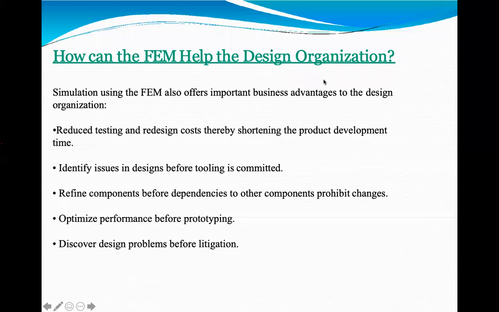As we say, with the FEM we will need a smaller and smaller duration of time for product development, so we have business advantages. Another aim of the finite element method is, let us say you develop one product and you want to check whether that product will survive the given loading condition. What we would do is simply test it for the given loading.